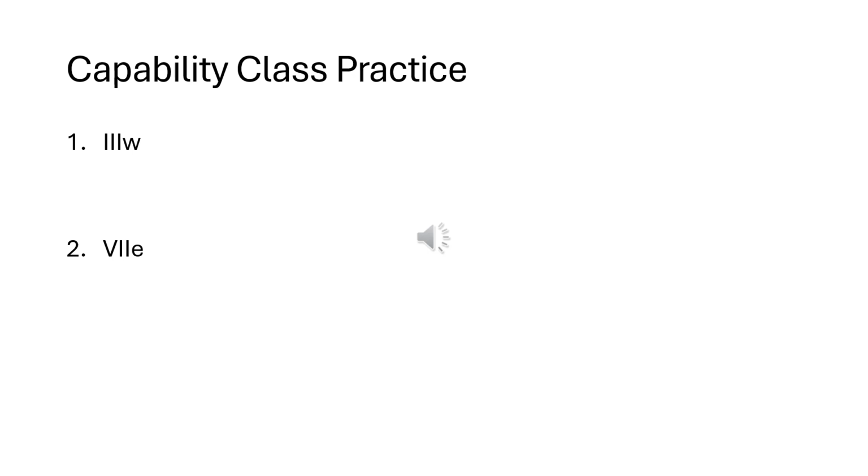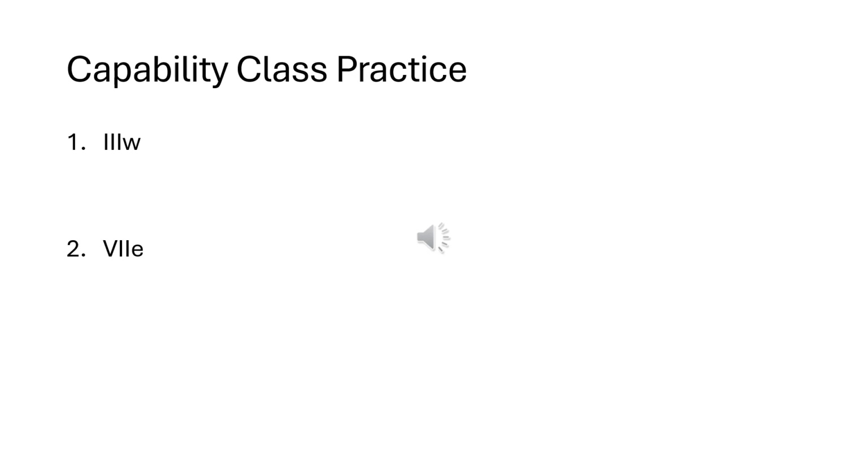So here are two example capability classes. Okay, what I'd like you to do is just take a moment. You can pause this video and try to write a description of a soil that has this capability class.